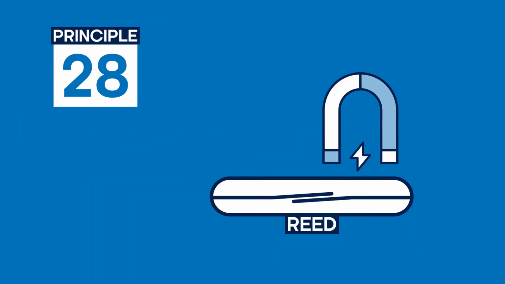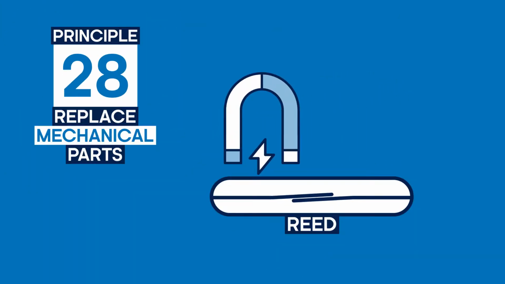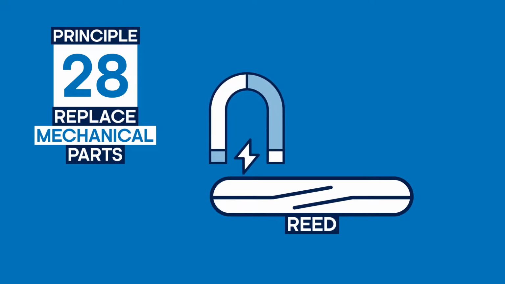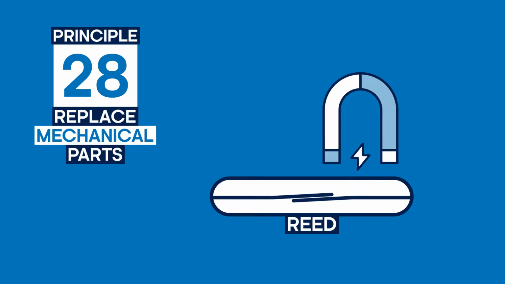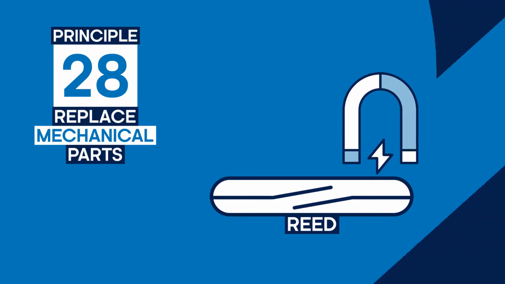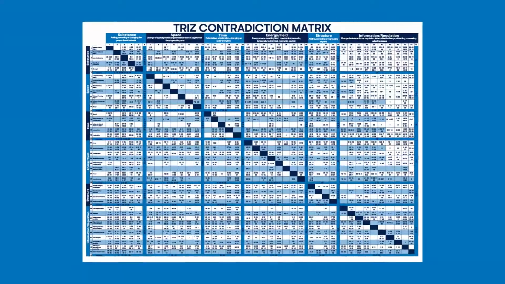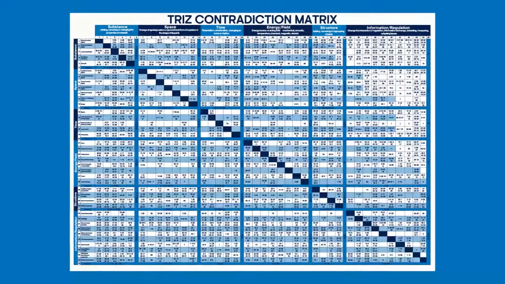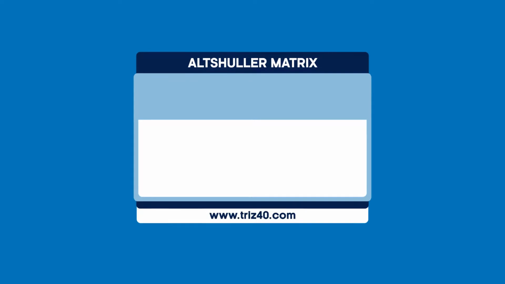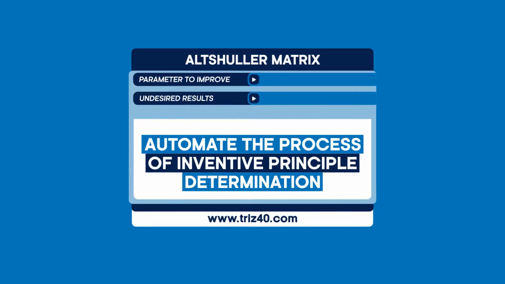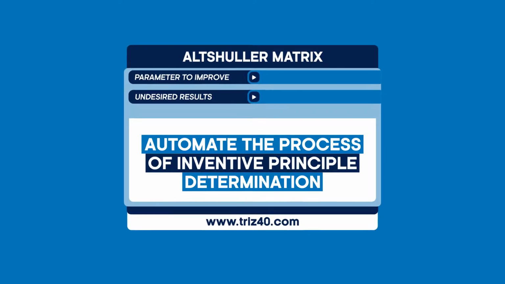Principle 28 proposes to use fields. One example is the reed switch, which uses magnetic fields to make electrical contacts and was widely used in the old telephone exchanges system. The original matrix, while effective, is a little unwieldy, and many online and offline tools provide the facility to automate the process of inventive principle determination.